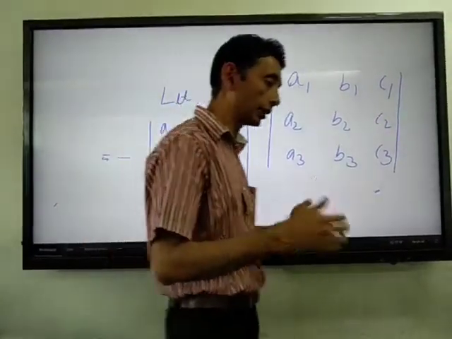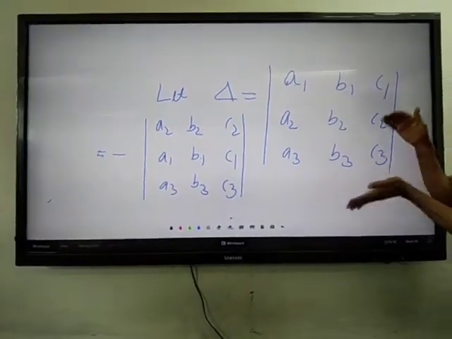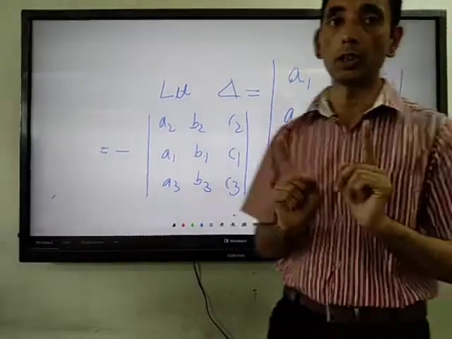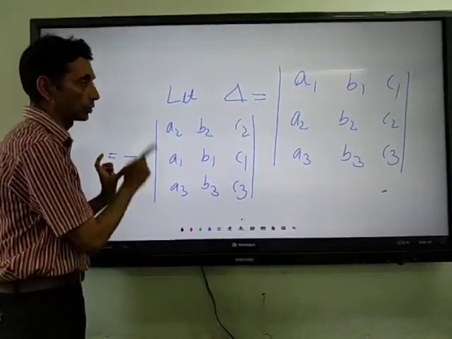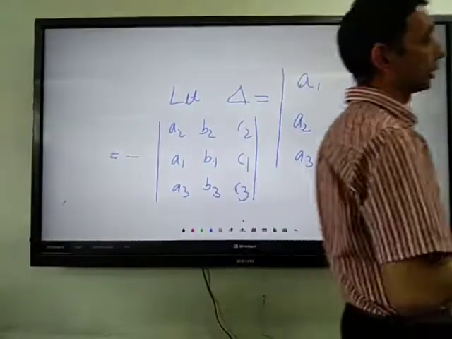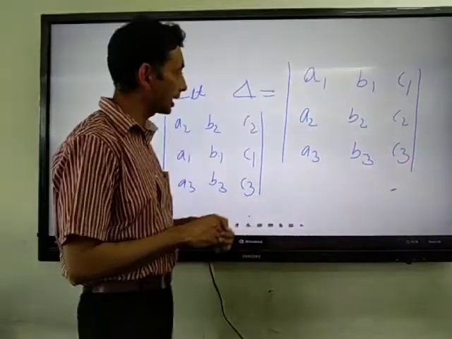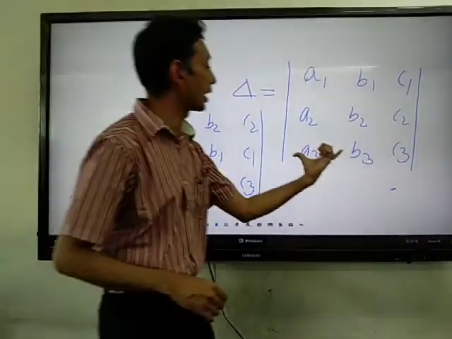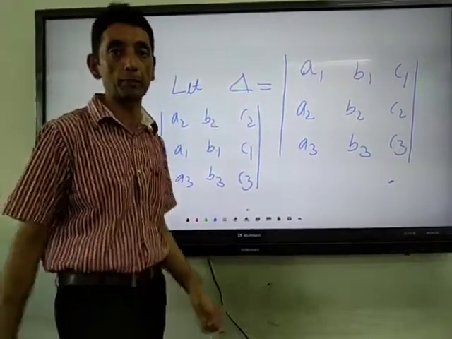Now again, if we interchange rows or columns a third time, then again a minus sign will be there. So obviously the determinant sign will change. We can conclude with one statement: in a determinant, if one pair of rows or columns is interchanged, the value of the determinant gets multiplied by -1.